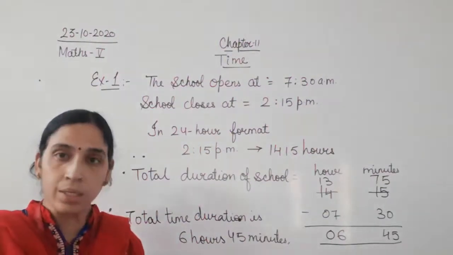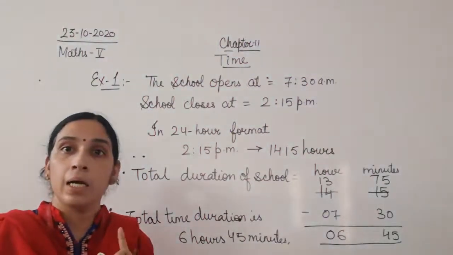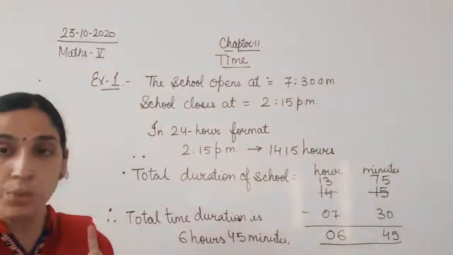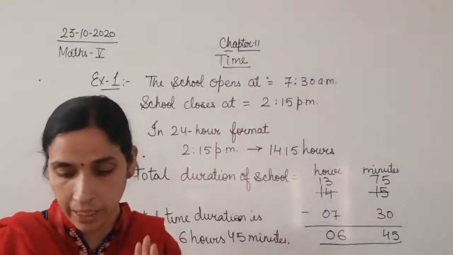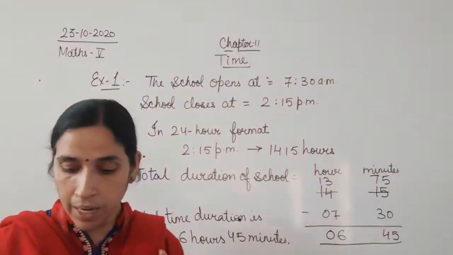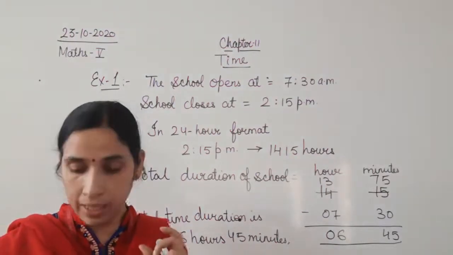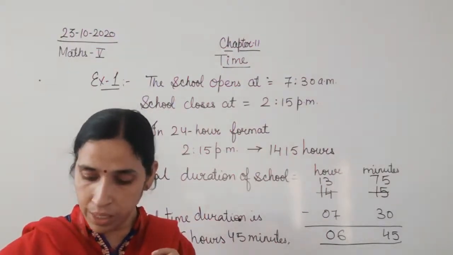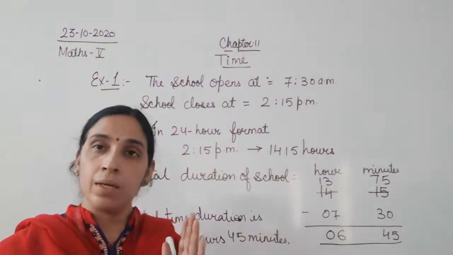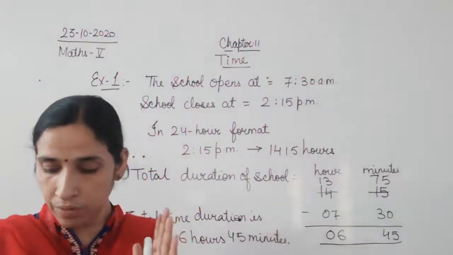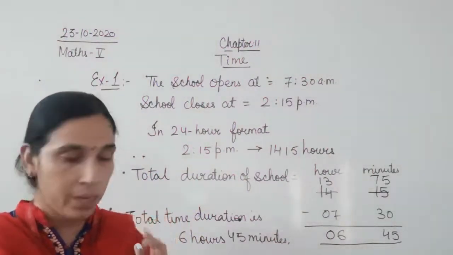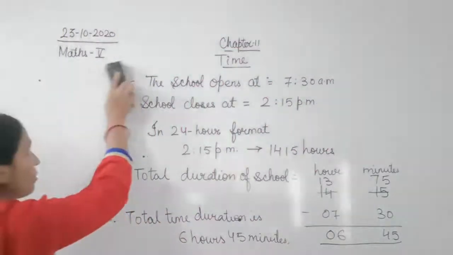Now children, this is your first example. Now I am going to take the first question of exercise 11.4. Why am I taking it? Because question 1 is related to subtraction of time, that is, how to find duration.